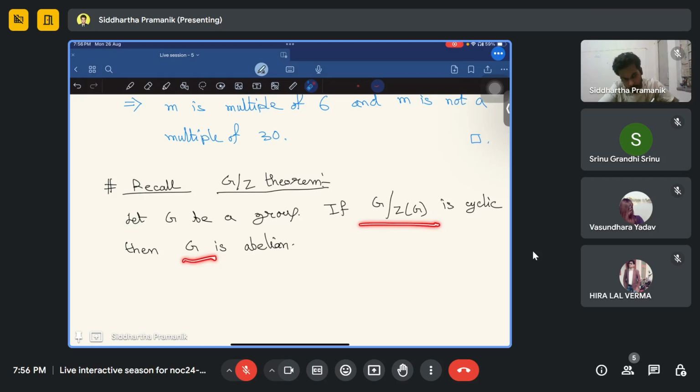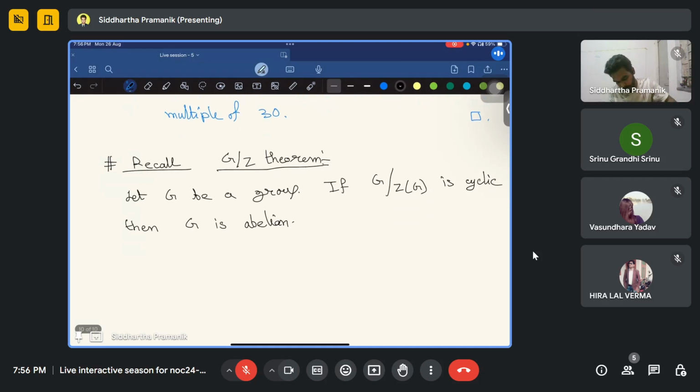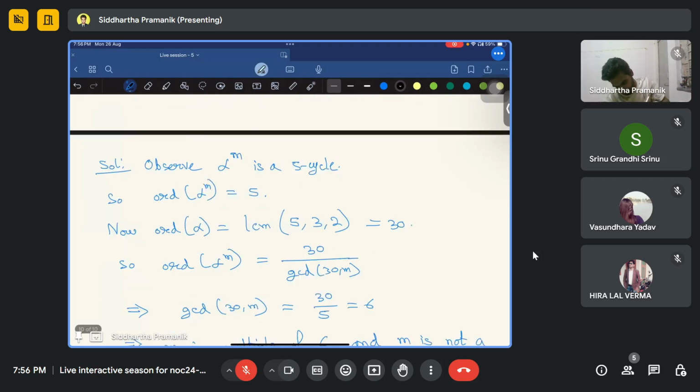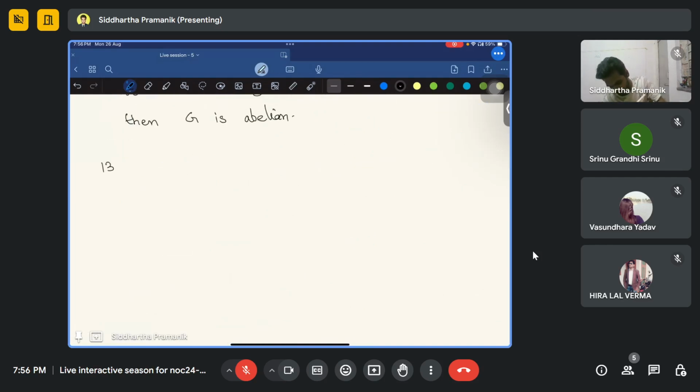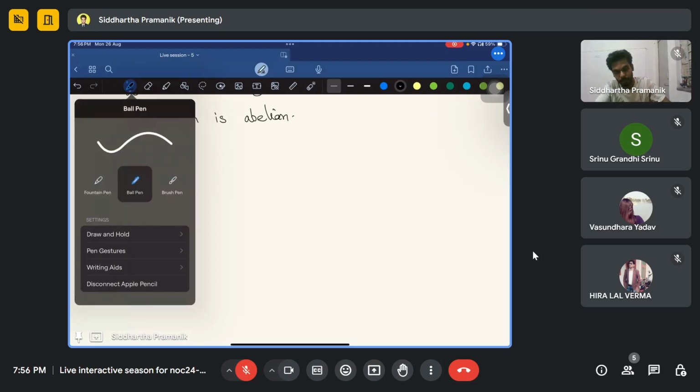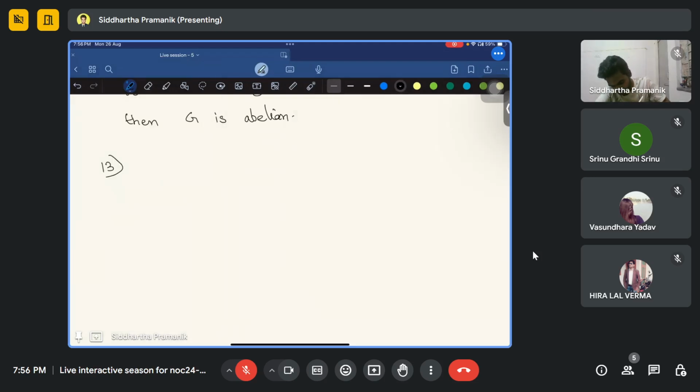Right? So in the lectures, I hope you have seen a proof for this. Now let's see a problem related to this. It is problem number 13. Let G be a group of order, let's say, 15.